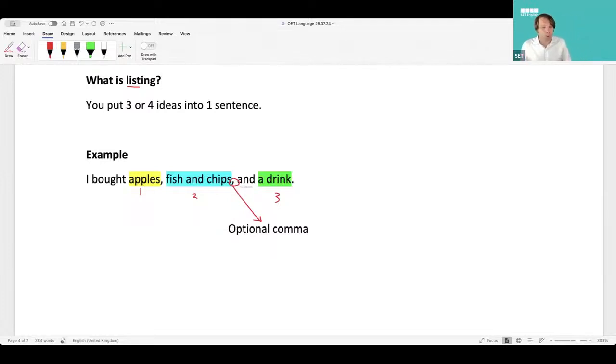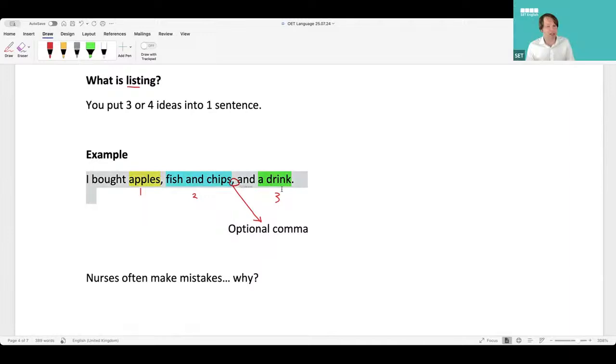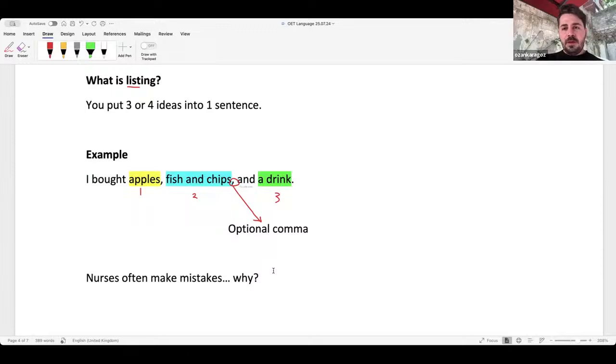Okay, well, why, Ozan? I'm sorry I'm picking on you, but I want to get to know you a bit better, okay? Why do nurses often make mistakes with this? Any ideas why? About listing? Yeah, when they're in OET, when they're trying to do a list, they will make a mistake. I agree.